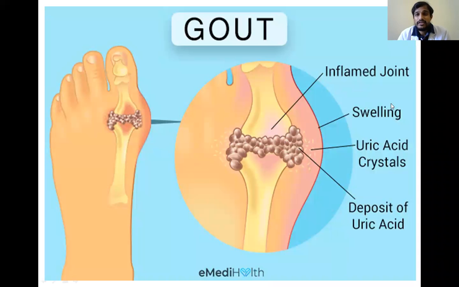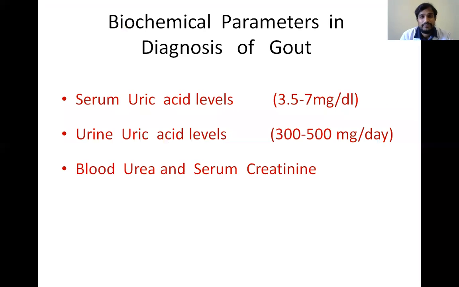The important features are swelling and the inflamed joint. Swelling and inflammation are the common symptoms which we see in gout. The common symptoms and signs are due to accumulation of uric acid crystals. So the patient comes to us and we diagnose gout by assessing the serum uric acid levels and urine uric acid levels.